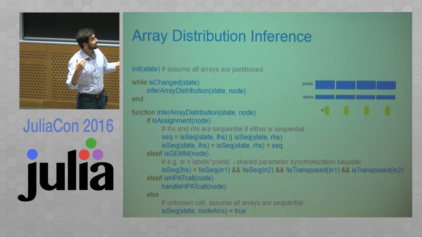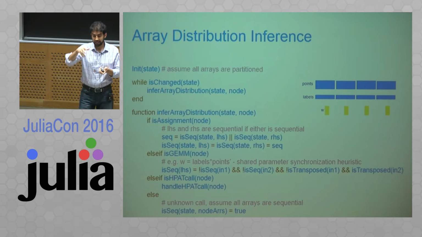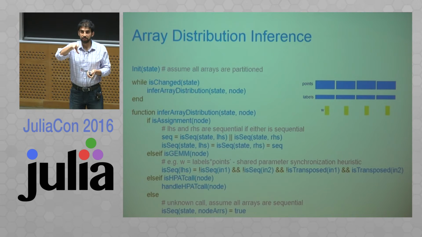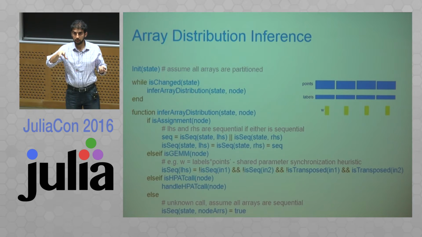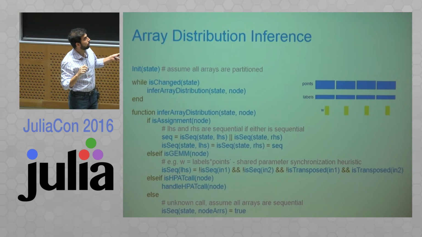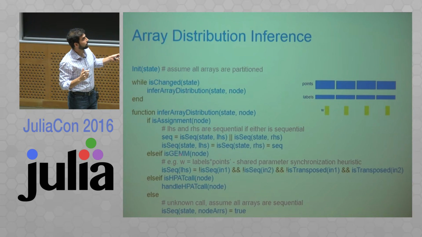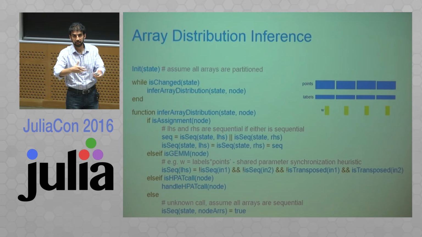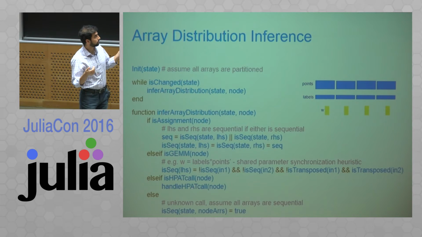Some rule says that when you do this operation, labels times points for instance, because we know that the columns of matrices are samples, we can know that the output is the model in this case, or something sequential. So we assign this w guy to be sequential, these guys parallel, and also we need some reduction to accumulate the result of this multiplication to this model.